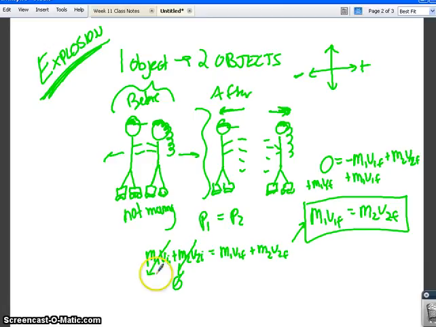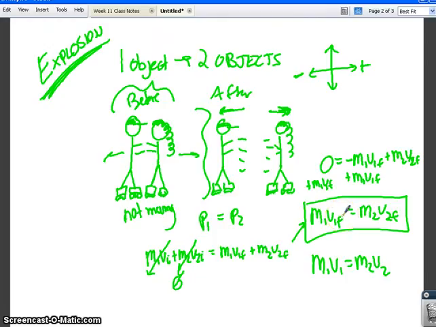I wrote it out for you here to show you where we got it from, but the reality is it's this simple. It is m1 v1 final equals m2 v2 final, or just m1 v1 equals m2 v2, because there really is no point in writing final, because that's the only velocity we're going to see.